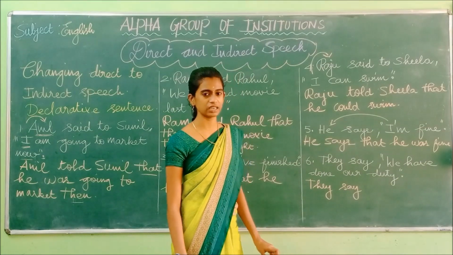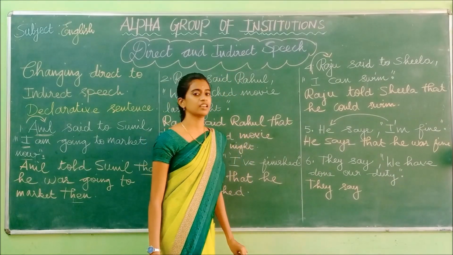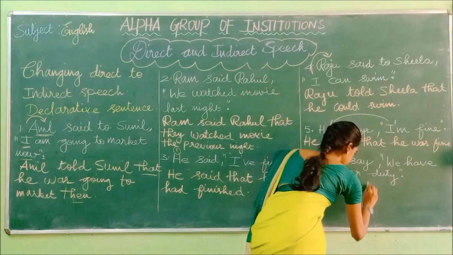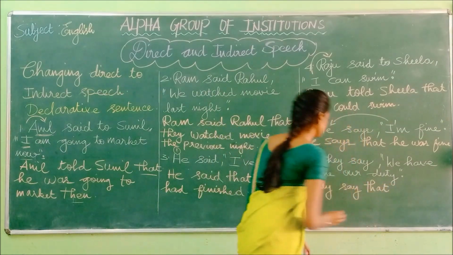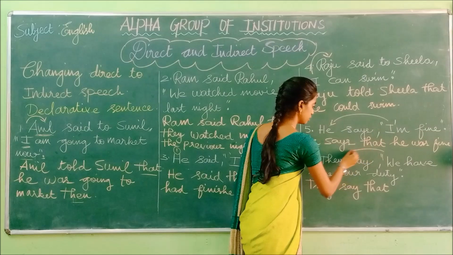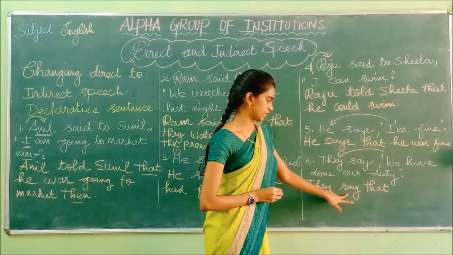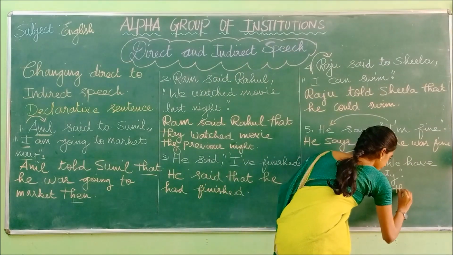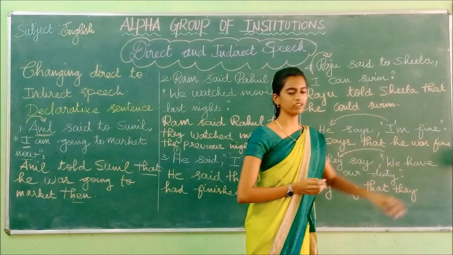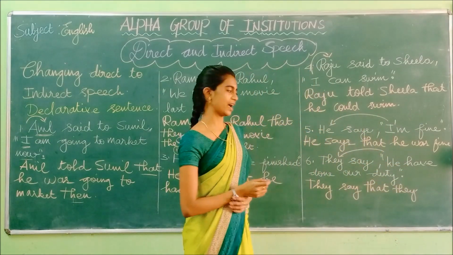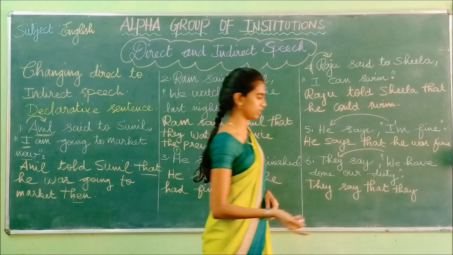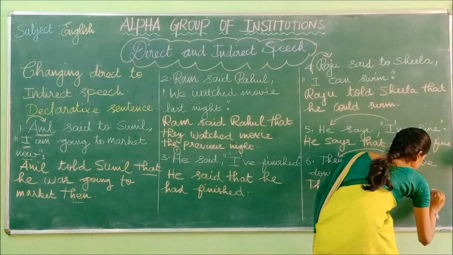And what is the conjunction in the declarative sentence? Yes, "that". They say that we. So "we" refers here to them. They say that they. And how will the "have" be changed? Yes, the "have" will be changed into "had" while writing the indirect speech.